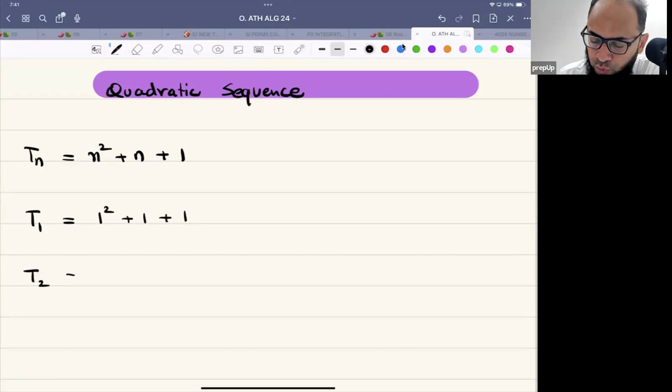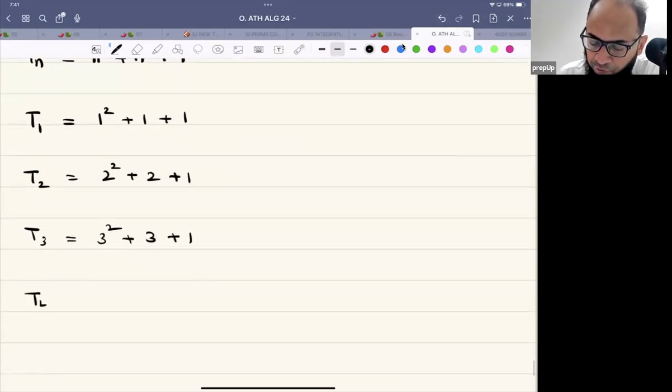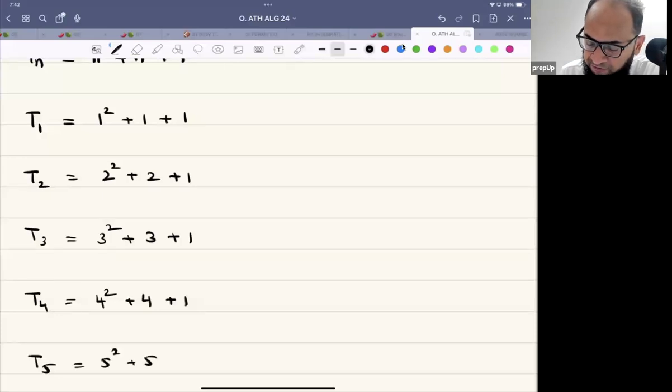T2 is 2 square plus 2 plus 1. T3 is 3 square plus 3 plus 1. T4 is 4 square plus 4 plus 1. T5 is 5 square plus 5 plus 1.